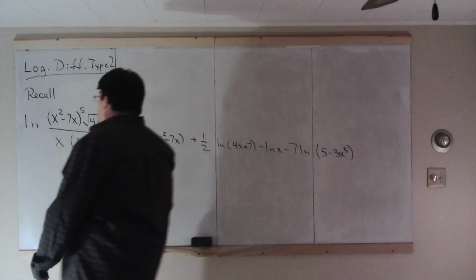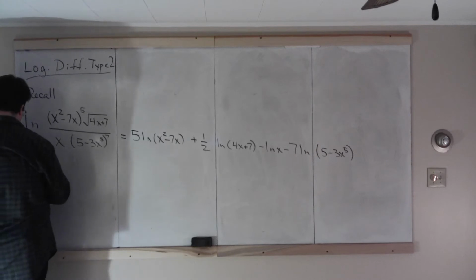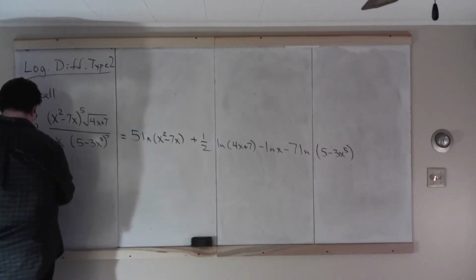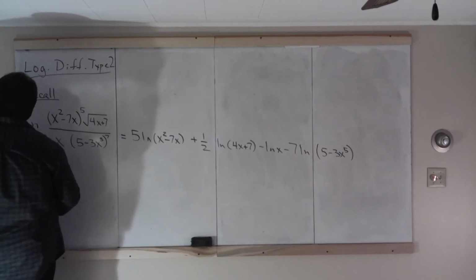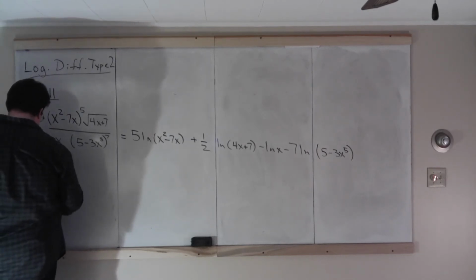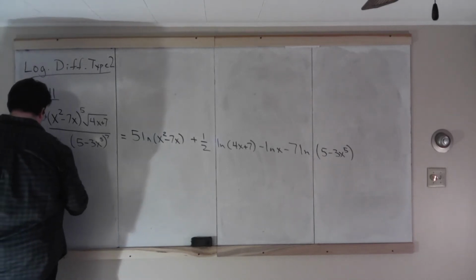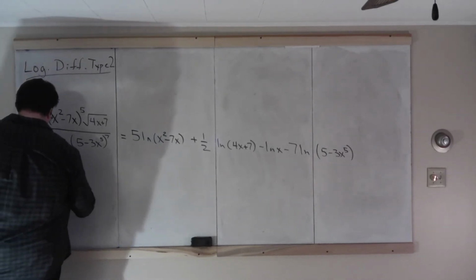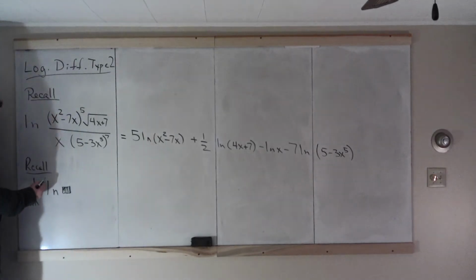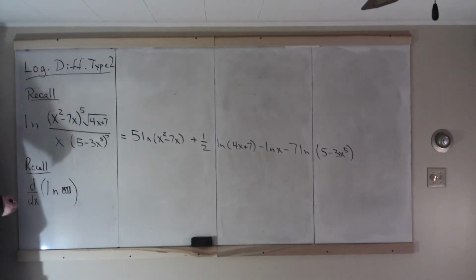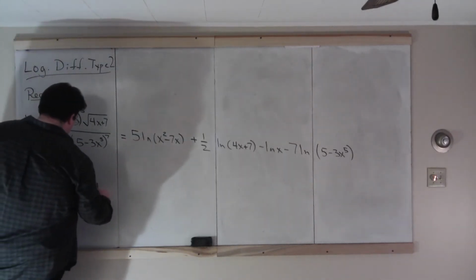The next thing we're going to recall, I wrote a few minutes ago. The derivative with respect to x of log of box, let's just call it box, is what? 1 over box.